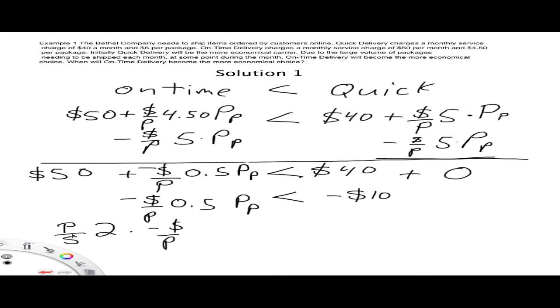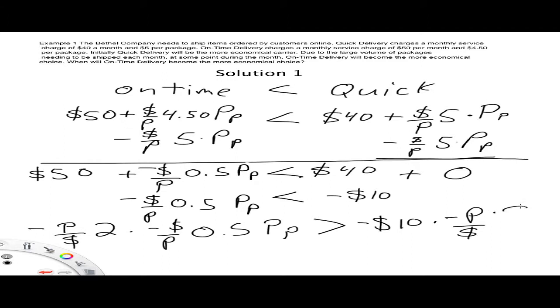So that's all going to cancel out, and that's negative, and this is 0.5 p packages is now greater than, because I'm multiplying by a negative on both sides, a negative 10 times a negative p packages times 2.